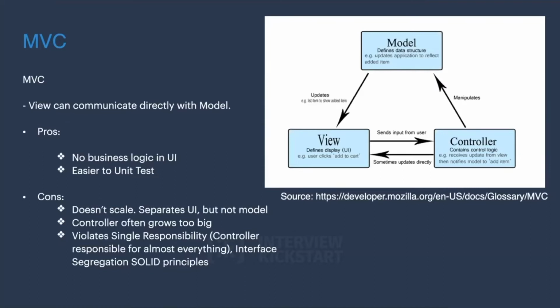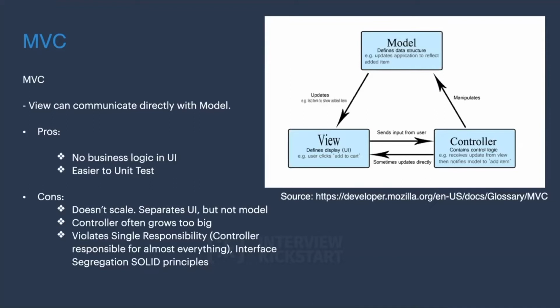And once you have the event detail, give it to the view, and the view will have the data and show the event detail. In the meantime, the controller will take the user from one view to another, from the list view to the detailed view, and show all the data.